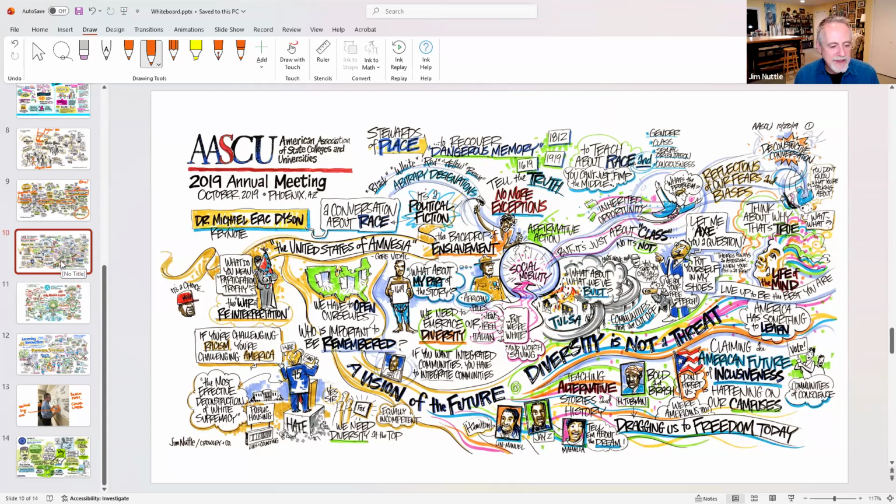Well, so this was Dr. Michael Eric Dyson, I think he's at Georgetown. If you see there in the center right of the chart, the gentleman in the blue suit, that's one other rare instance where I tried to depict the person.